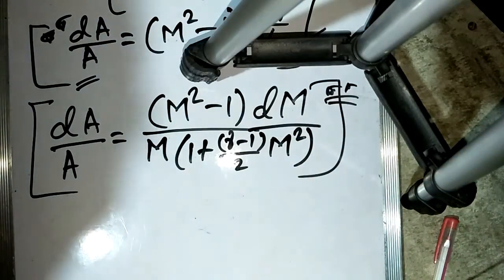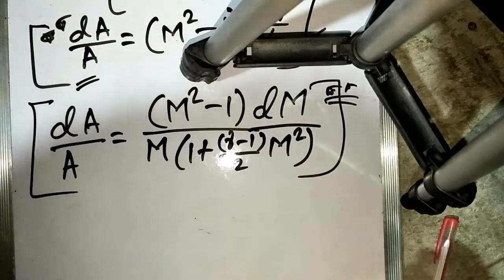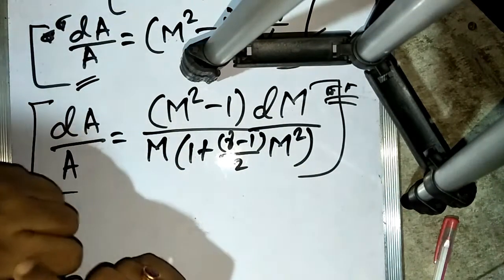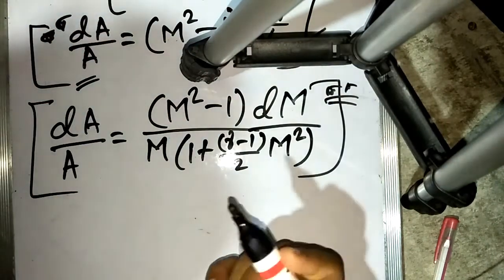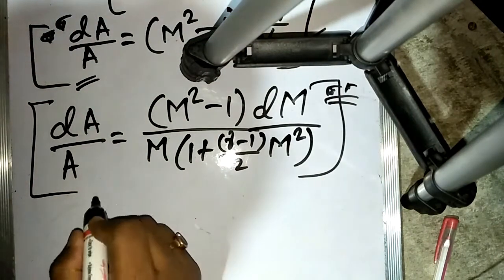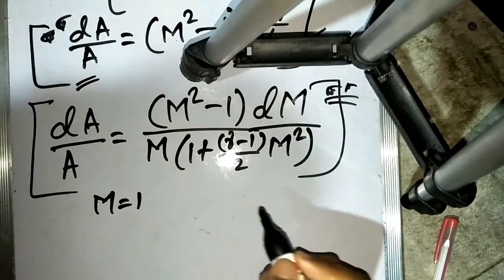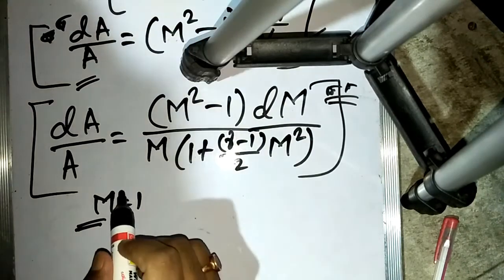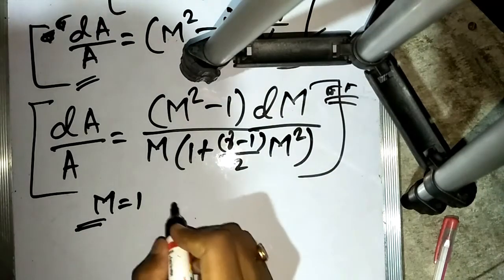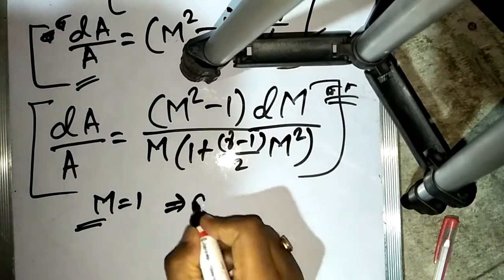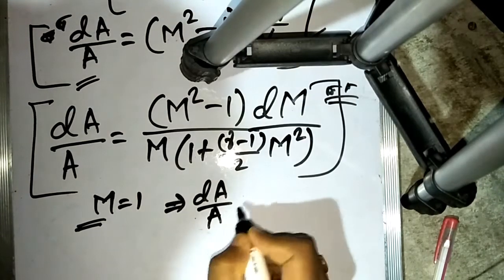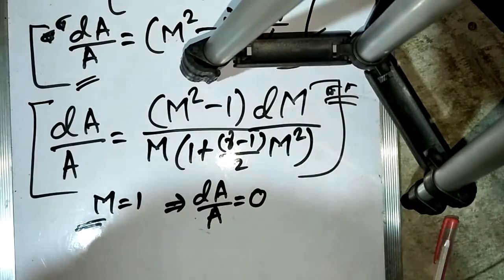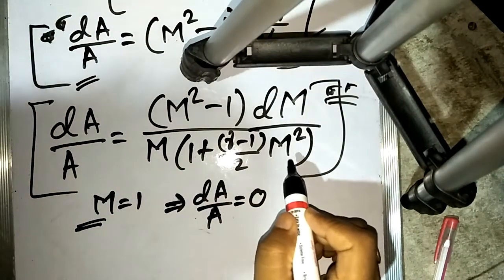Okay, so from this equation we can comment that in case of maximum discharge, that is M equals 1, which is the maximum discharge per area, we get dA/A equals 0 from this equation.